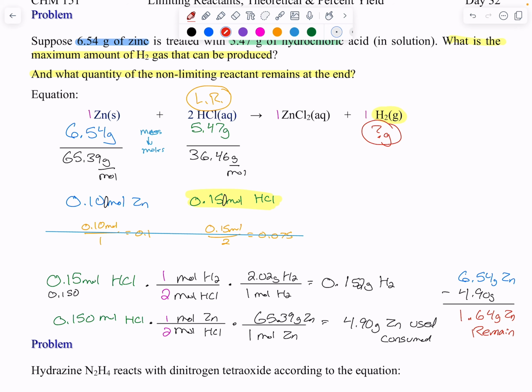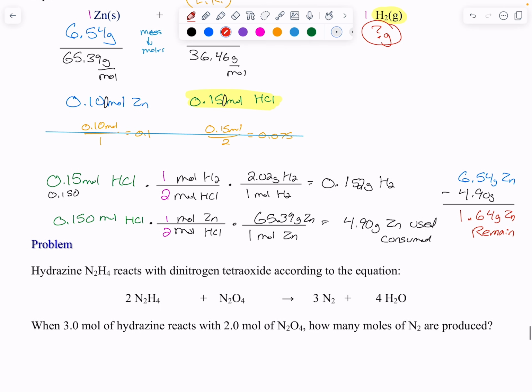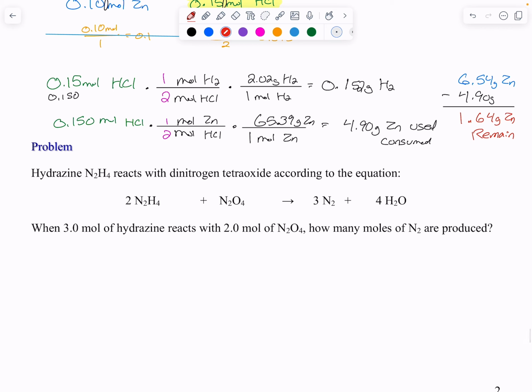All right. Now, this problem, typically, if we were talking face to face, I'd say, all right, do this problem, right? Equation's already balanced, do the problem. See what you get, all right? So go ahead and pause me, do it, and then see what you get. All right, let's see what you did.